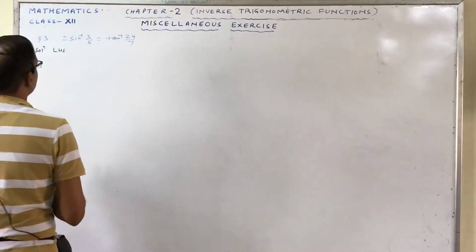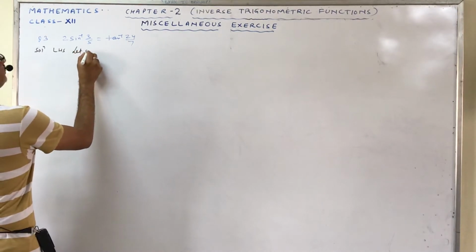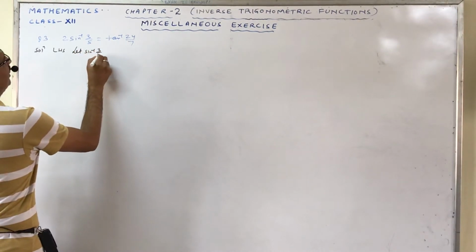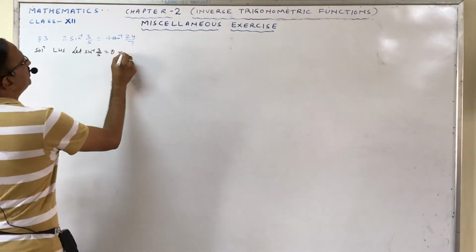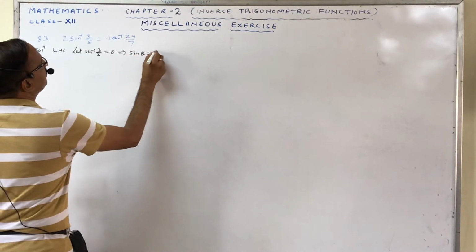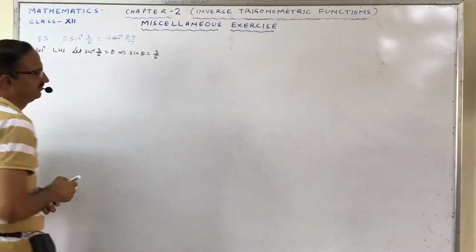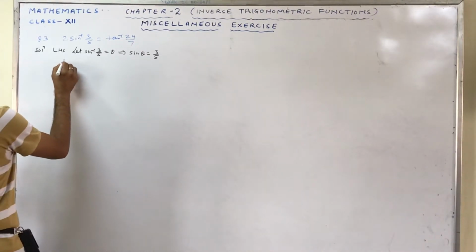So let this sin inverse 3 by 5 equal theta. Then this implies that sin theta equals 3 by 5. Okay children? Now suppose this is the triangle.